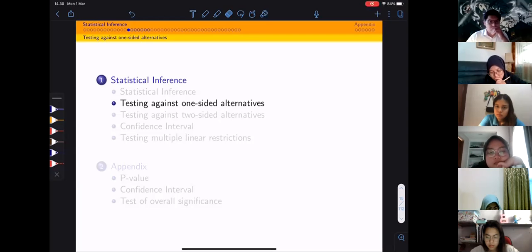Why? Because we want more confidence that we really reject the false null hypothesis, or we want to minimize the chance that we reject the true null hypothesis.